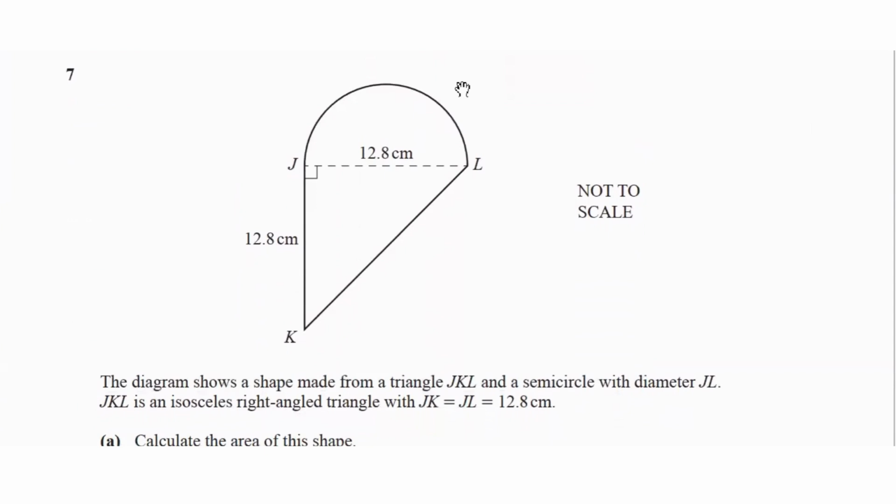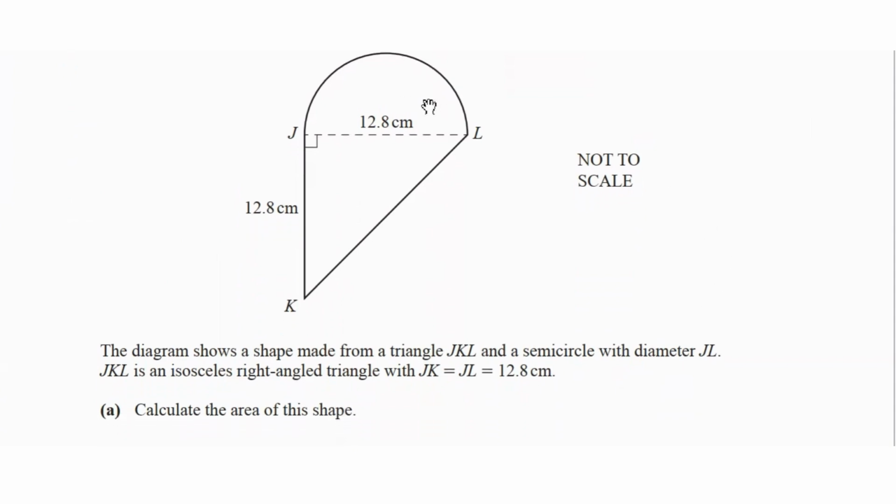Question 7 says the diagram shows a shape made from a triangle JKL and a semicircle with diameter JL. JKL is an isosceles right angle triangle with JK equals JL equals 12.8 centimeters. Calculate the area of the shape. So as you can see, we have a semicircle and a triangle joined. Area 1 is the area of the semicircle, which is pi r squared over 2.